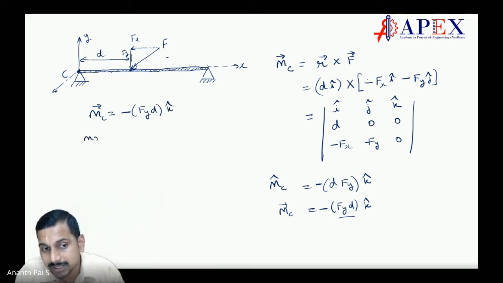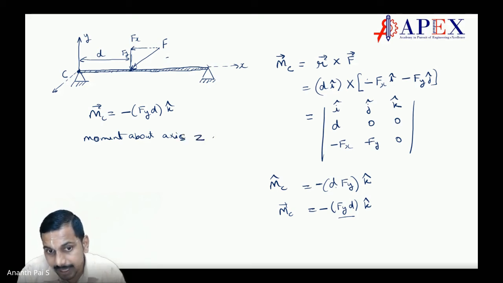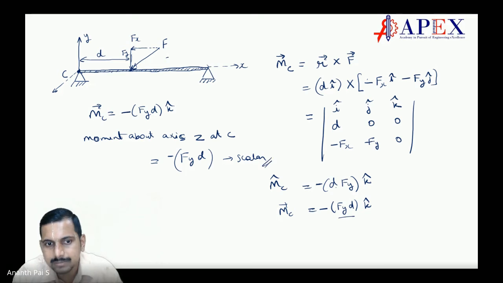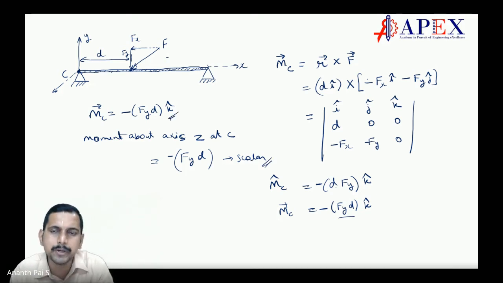Moment about axis Z at C is equal to Fy into D, without any vectorial symbol, with the minus obviously because it's clockwise, which is a scalar. Make sense? So this is a vector, this is a scalar. A scalar is a component of a vector.